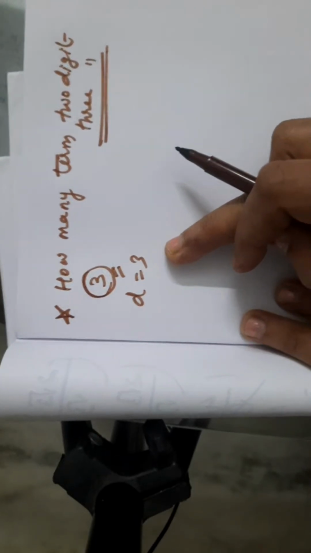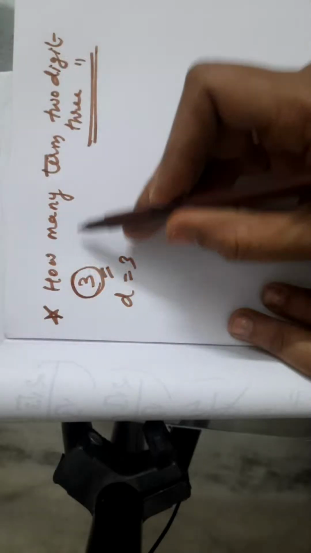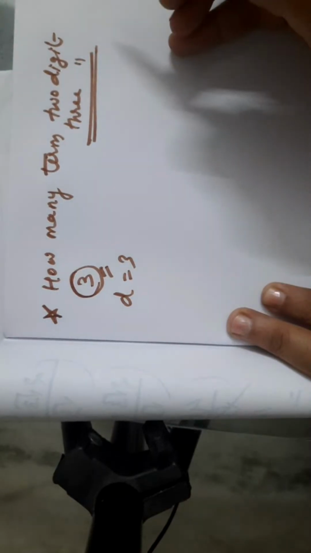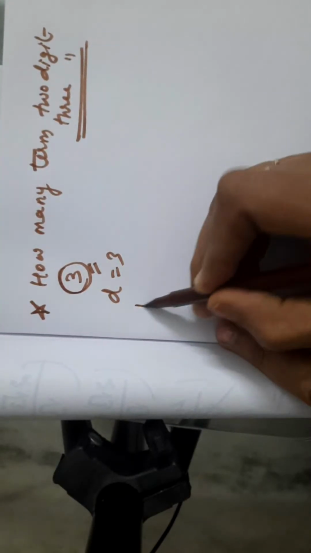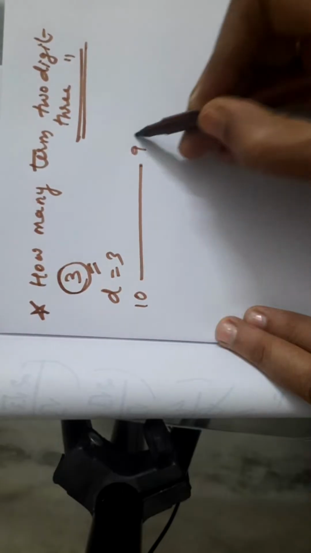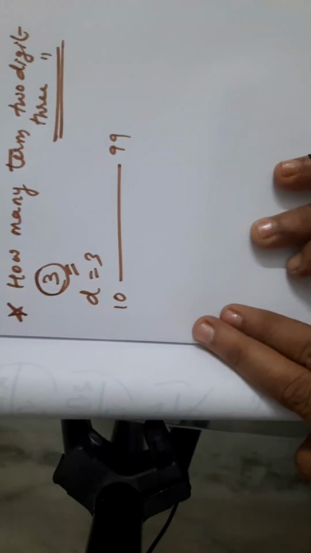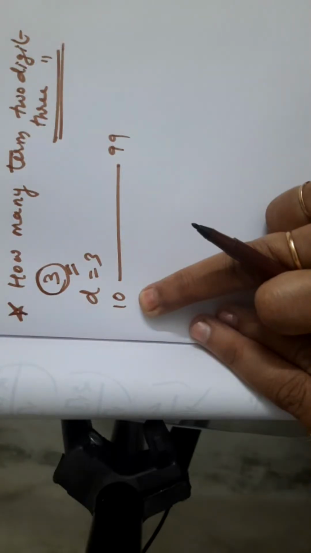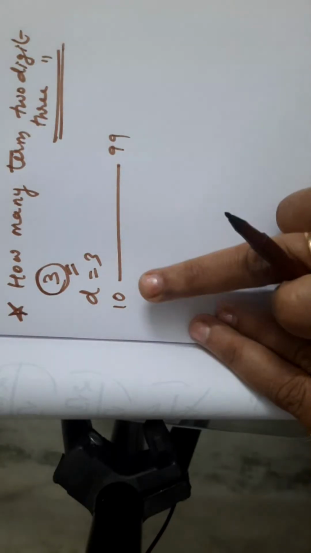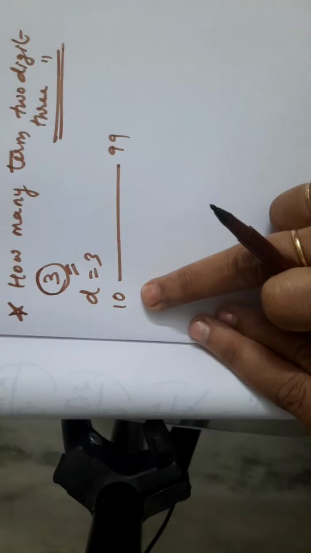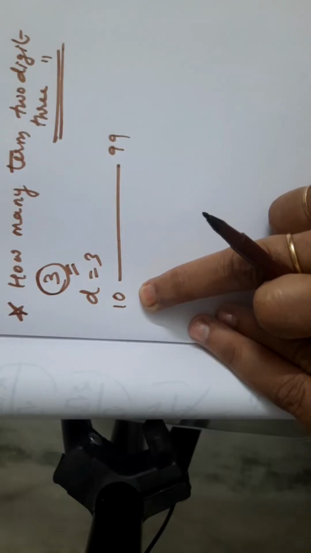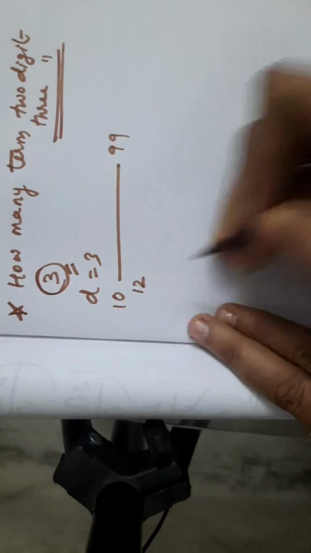After getting the common difference, how many 2-digit numbers are there? We need to find the sequence. 2-digit numbers start from 10 and end at 99. Now find the first term which can be divided by 3. We know the first term which can be divided by 3 is 12. So the first number will be 12.